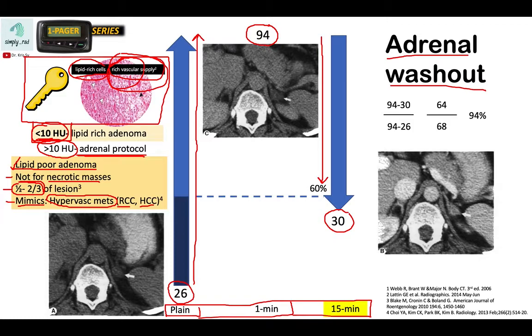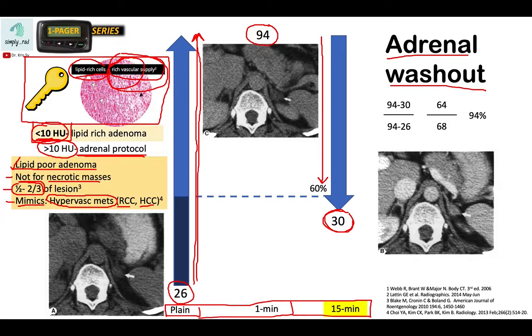So, how do we find out if 30 is indeed at least 60% or more of this enhancement here on the left, or the initial enhancement?